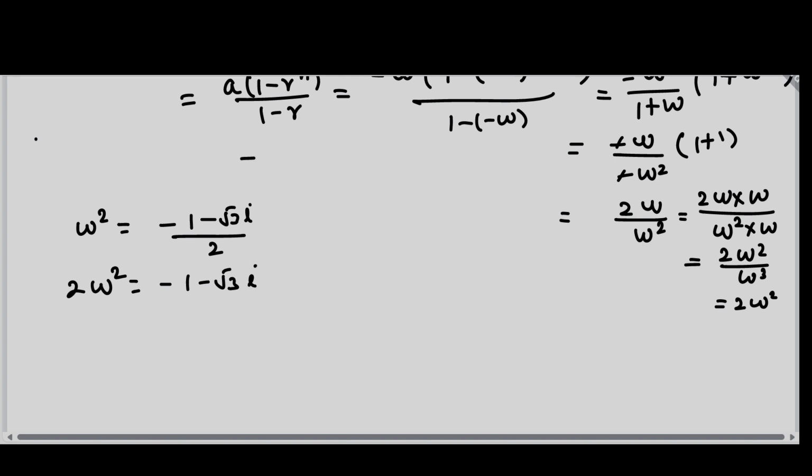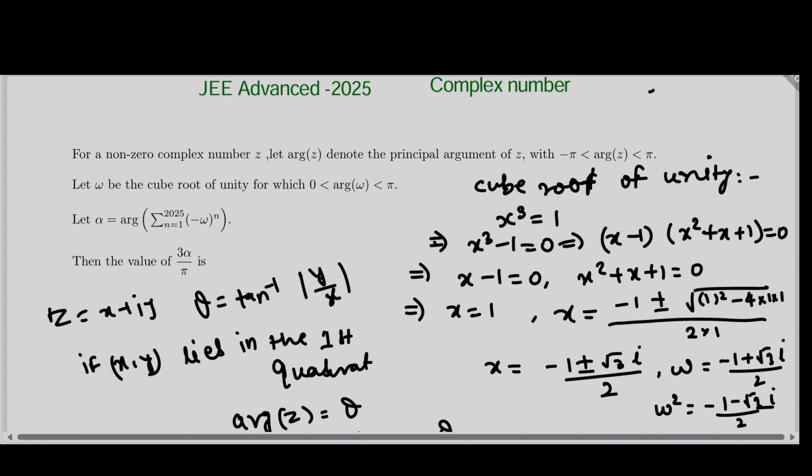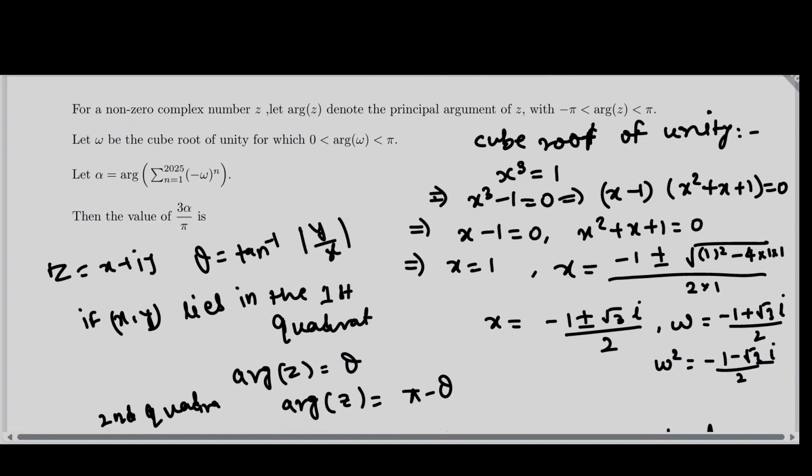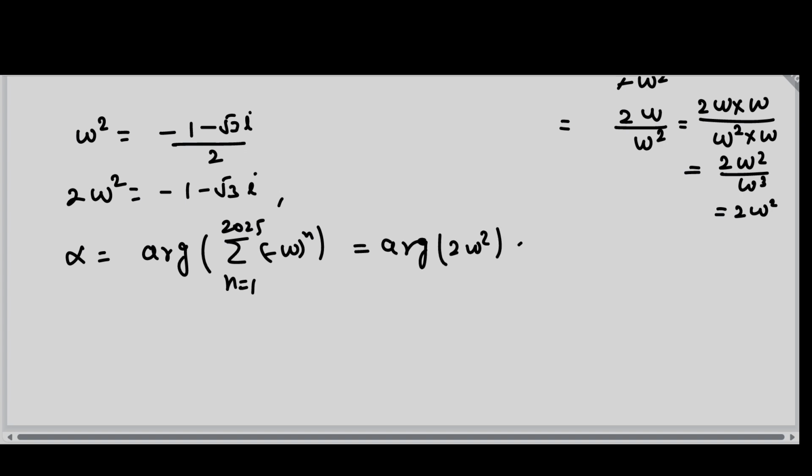Alpha is equal to the argument of the summation, which is the argument of 2 omega square. This quantity, minus 1 minus square root 3 iota, lies in the third quadrant.